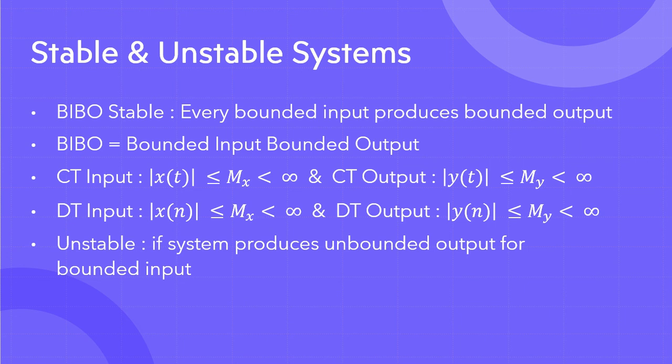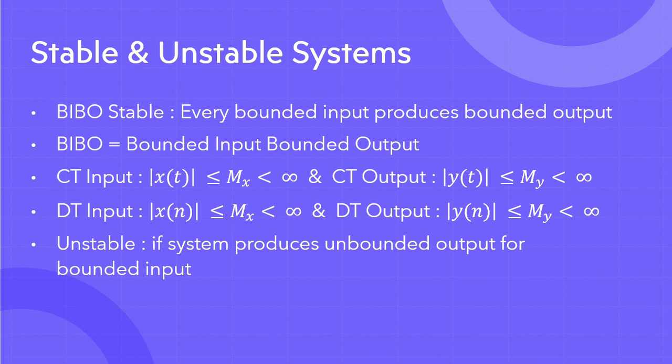Okay, so for your system to be a stable system, it must be bounded input bounded output stable. When every bounded input produces a bounded output, then the system is called a bounded input bounded output stable system.